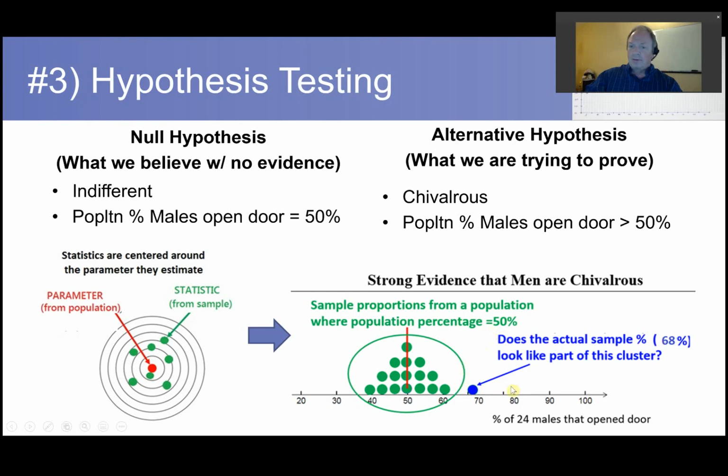And if the probability that I could get this value, if it came from this collection of sample estimators, is less than 5%, we're going to say we have a statistically significant result, because this is strong evidence for the alternative hypothesis. In other words, something significant happened.